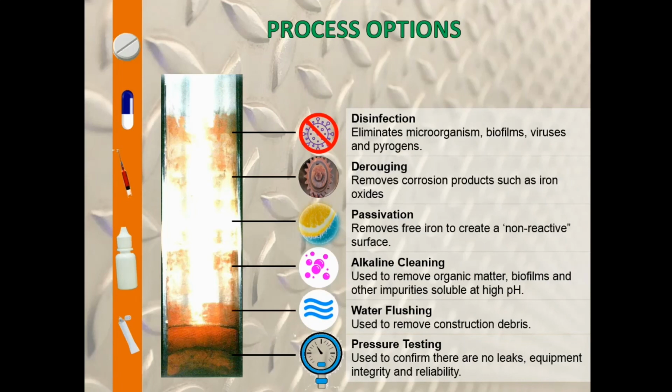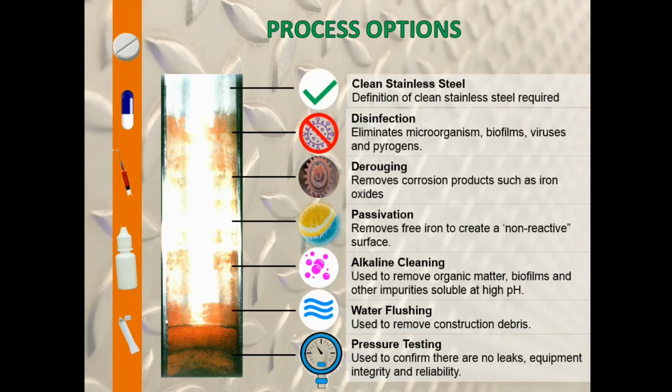If there is microbiological contamination, we can do a chemical sanitization or disinfection. Once we remove all the chemicals and pass the acceptance criteria, we will have clean metal.